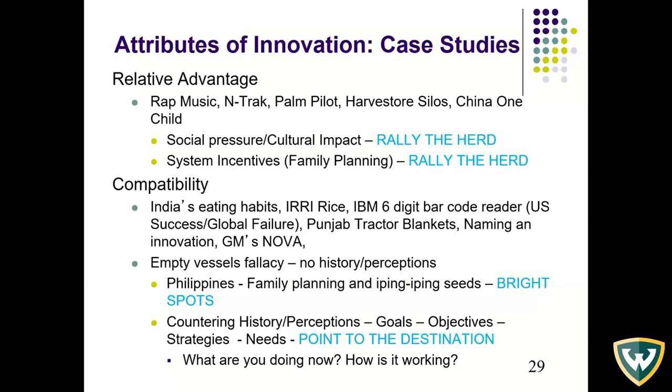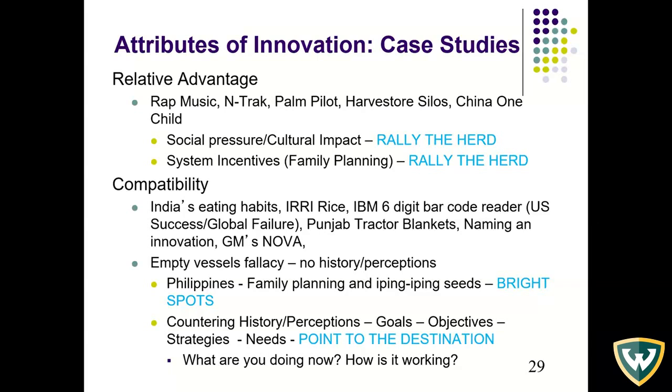So what is the time frame to implement that goal? What strategies do they have? And associated with those strategies, what are the needs that have to be addressed in order for those strategies, objectives, and goals to go forward? So you tie those things together, pointing to the destination, which is, of course, the goal. And you help people understand how your innovation is going to move their goals and their strategies forward.